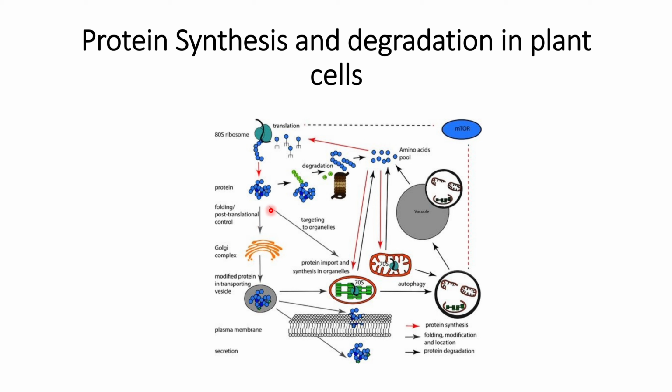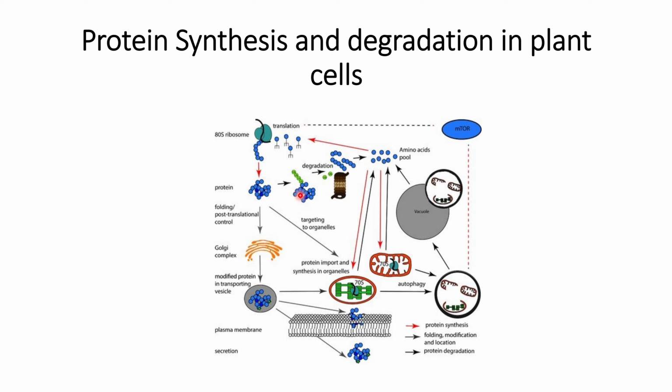However, what happens is that during post-translation in the endoplasmic reticulum, when the proteins are not able to acquire their native structure, or even after the translation of the protein if they are not able to acquire their structure, then they will be degraded and recycled to the pool of amino acids.